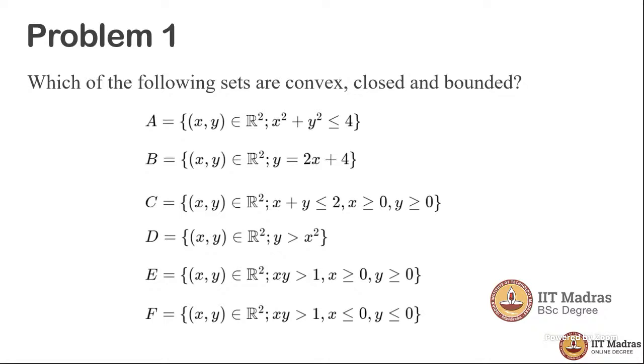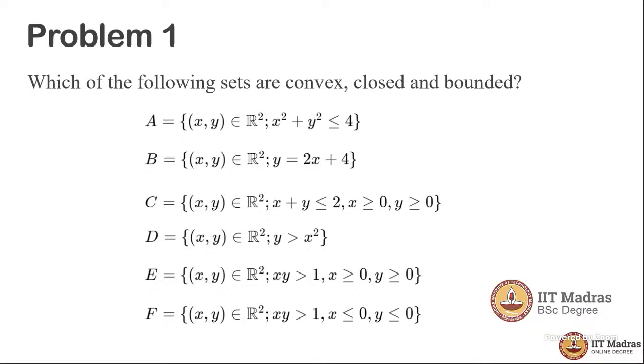So A is definitely convex, closed, and unbounded. Correct. And I can't think of anything else which satisfies all the three conditions. One more is C. C is convex and closed, but not bounded, right? No, it is bounded, because the upper condition is bounded.